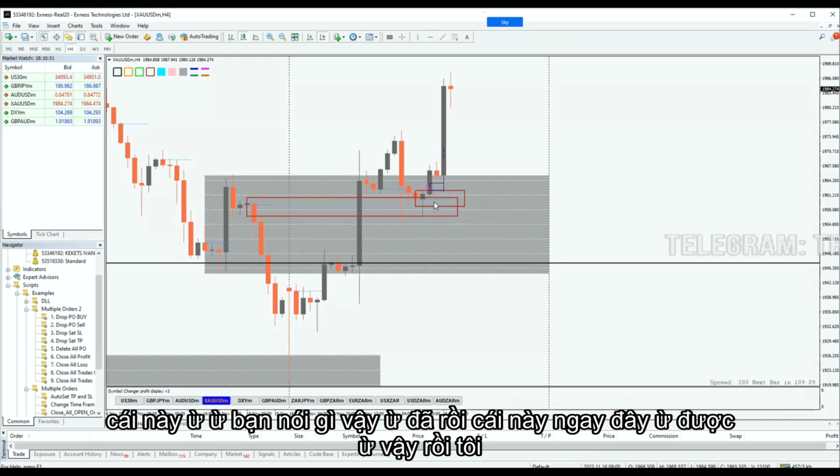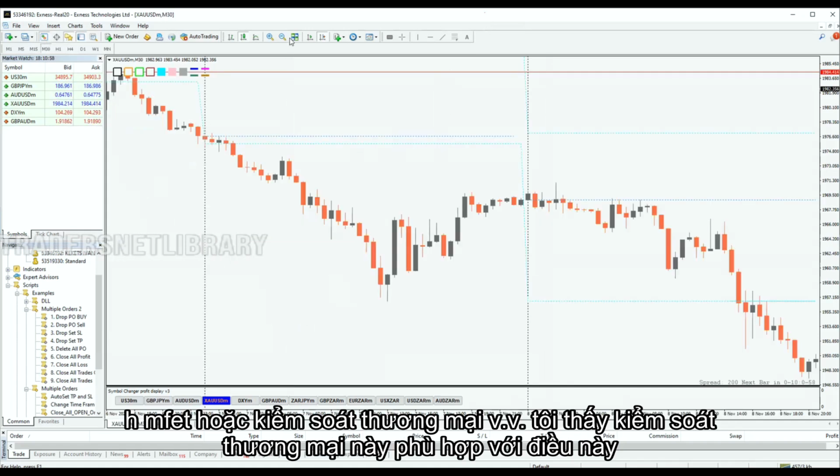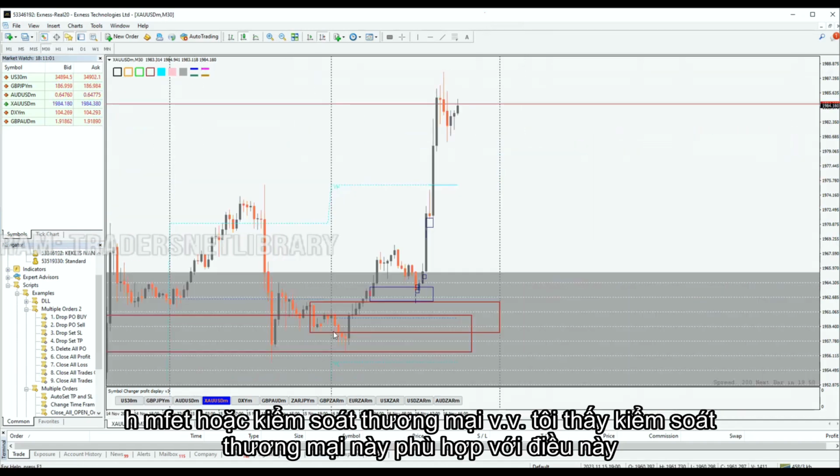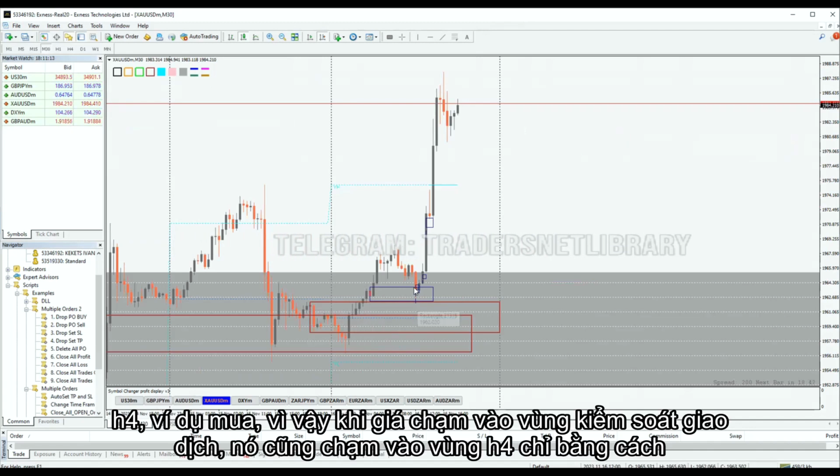So already, I know for today that I'm bullish. I will be buying when New York opens. From there we go to MFED for trade control. On MFED I saw this trade control, which is in line with this H4 EG buy.